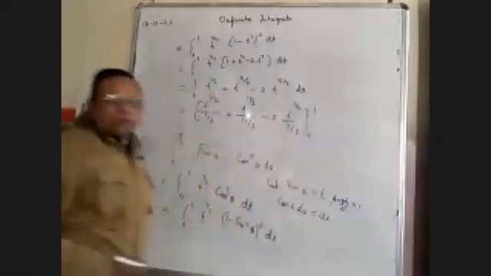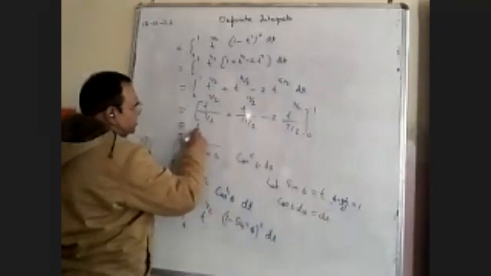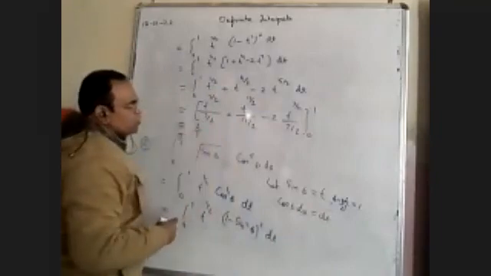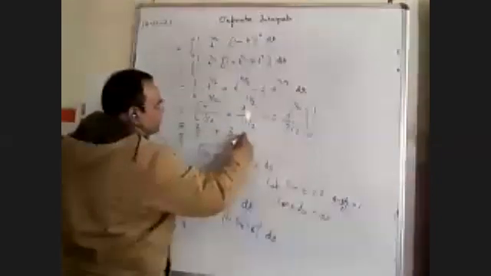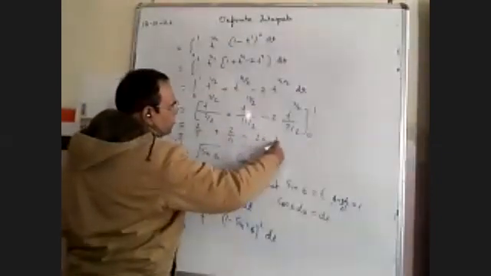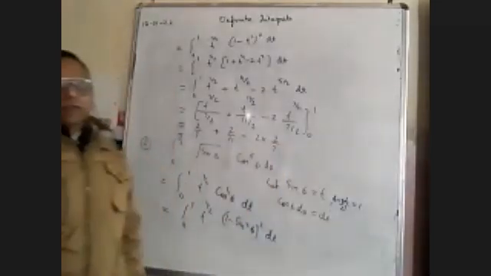If we put the value 0, then it becomes 0. You have to put only the upper limit 1. So 2 upon 3, 2 upon 11, and 2 upon 7. Just take the LCM, whatever you get, that will be your solution.